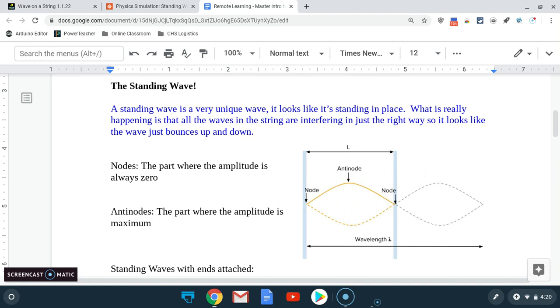Now, with waves, specifically standing waves, there are two specific features that matter. One of them is referred to as a node. And what that means is that with a standing wave, you basically are looking for nodes and what we call antinodes. Now, the node is a very simple feature on a standing wave. It's the part of the wave where nothing's happening.